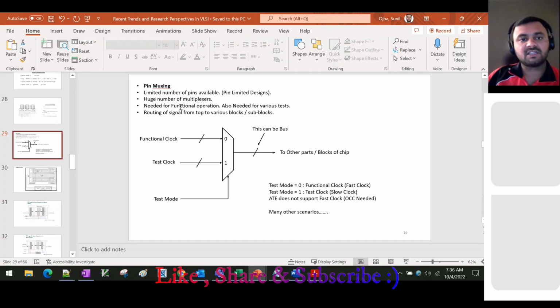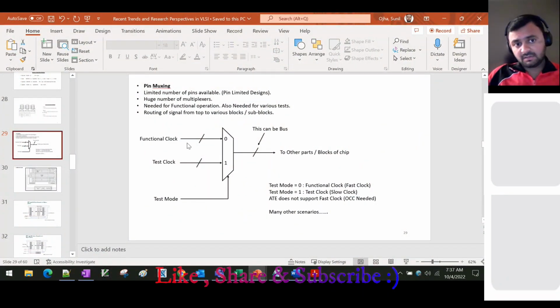So there are a huge number of multiplexers we use. I have put a simple example here. Suppose you have a mux where the select line is test mode, and you have a functional clock and a test clock, and the output of this goes to many other logic.